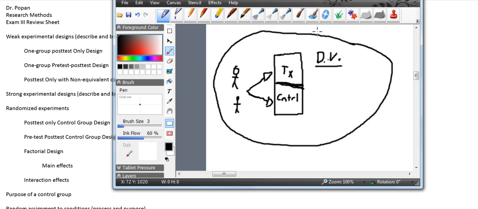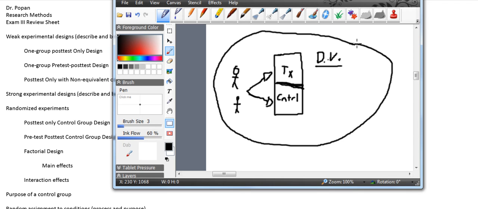So, for instance, perhaps the nature of the therapy, how the therapy is administered, how participants in both the treatment and control condition are recruited for the study, how they're asked to complete the dependent variables.